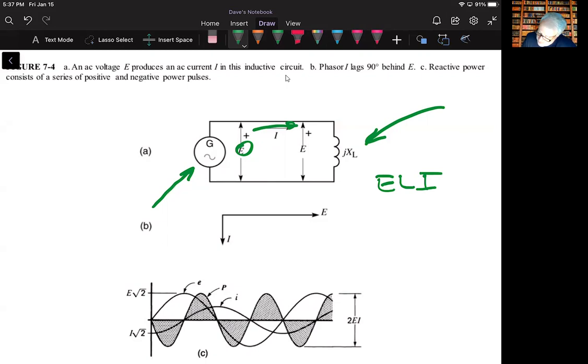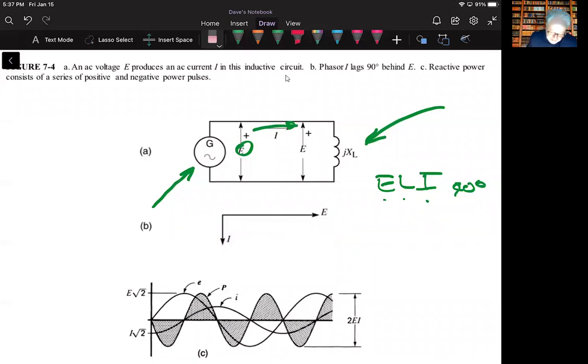The voltage will lead the current by 90 degrees in a purely inductive circuit. And we see that here in this phasor representation, the voltage out in front of the current by 90 degrees, right?